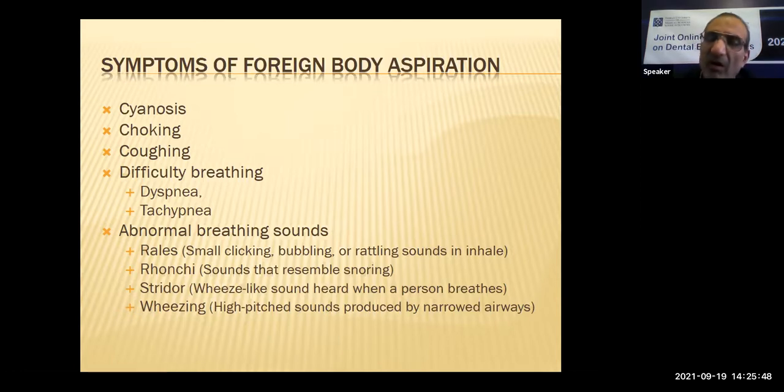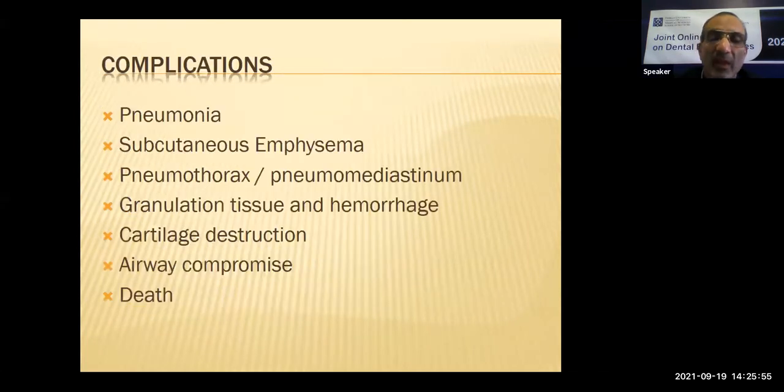If the sound is abnormal or there is difficulty in breathing, we must pay more attention to the complications. These complications include pneumonia, subcutaneous emphysema, pneumothorax, pneumomediastinum, granulation tissue and hemorrhage, cartilage destruction, airway compromise, and unfortunately, death may occur.